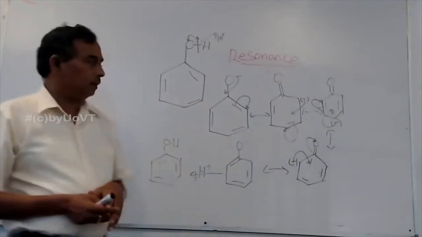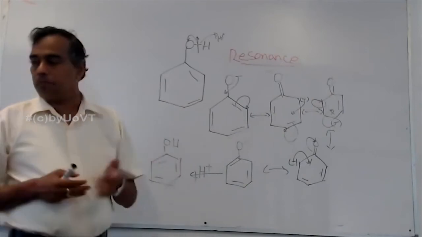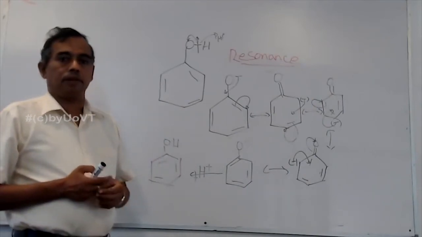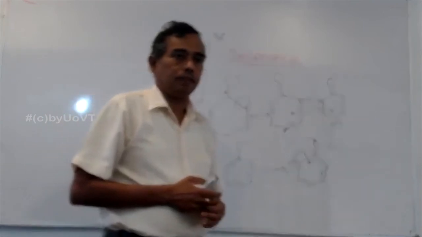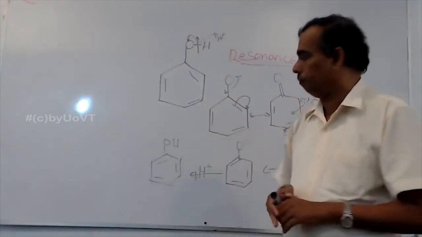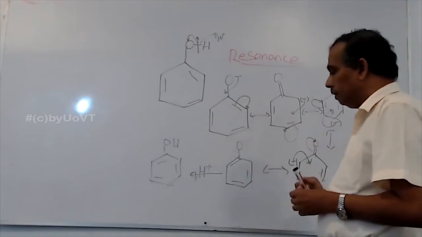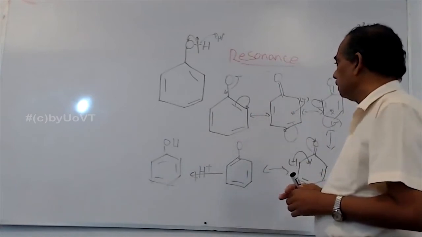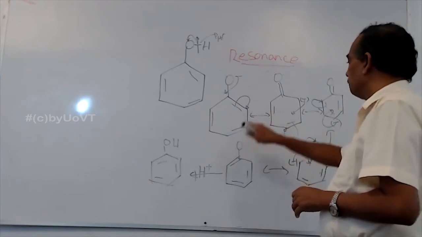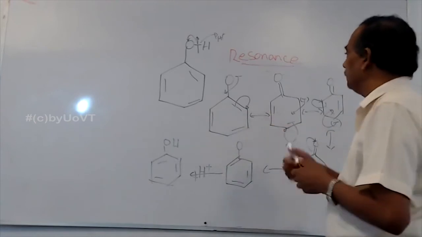So by using resonance structures, now you can prove the capacity of phenol for electron absorption. Once it absorbs the electron, it can delocalize it. This process is known as delocalization.